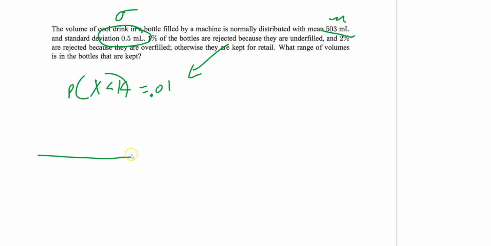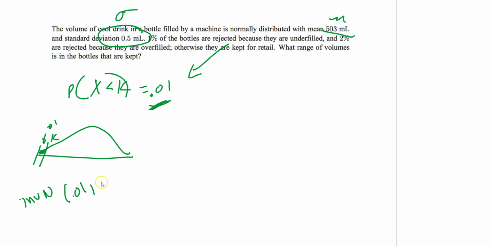So if I draw this, notice it's underfilled, so it's on the left-hand side. It's only 1%, so it's something really small like this. That's my 0.01, and here's my K. Right, and that's what I'm trying to find. I'm trying to find out what value it's underfilled at. So remember, if you have the percentage, the probability, you do invert normal. Invert normal 0.01.